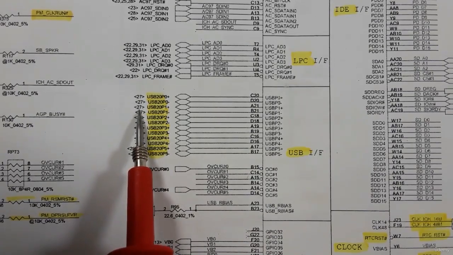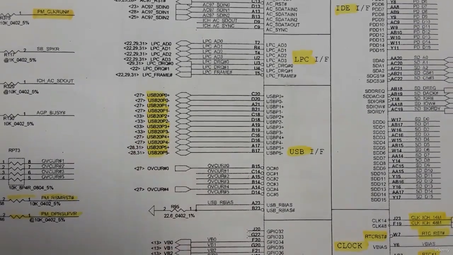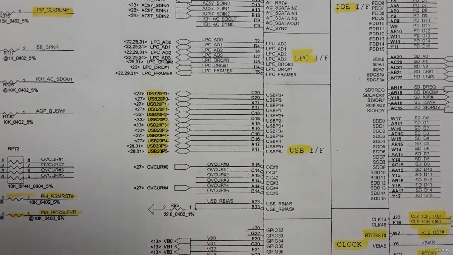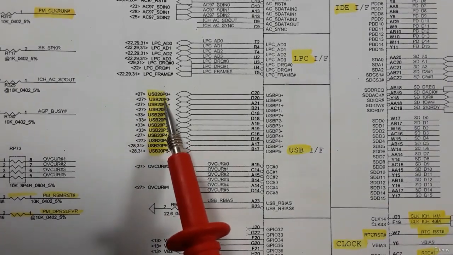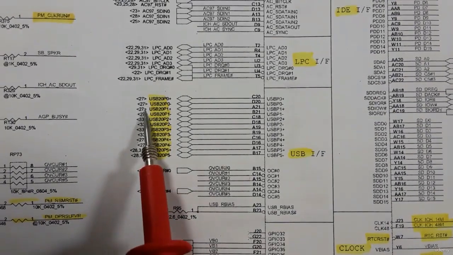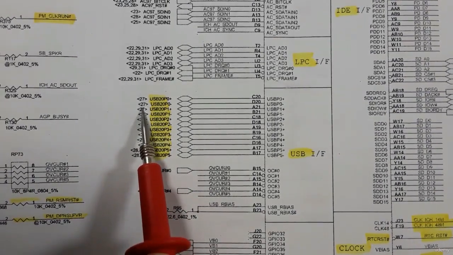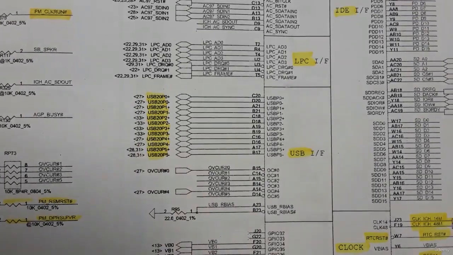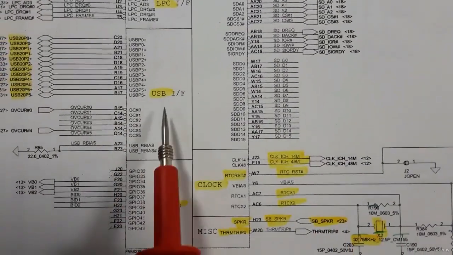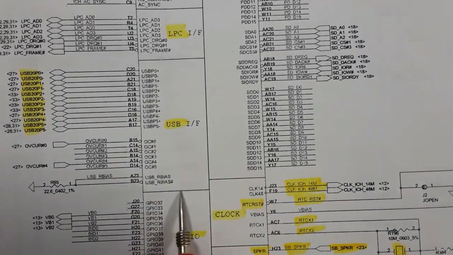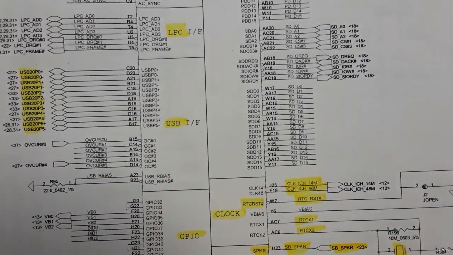We have 27 here, where the USB connector exists. We also have other signals for other connectors. So if we go to 27, what will we find? Of course, the USB connector. So this is the ICH, and this part is the controller for the USB.